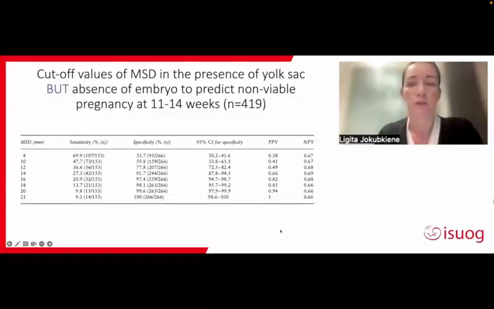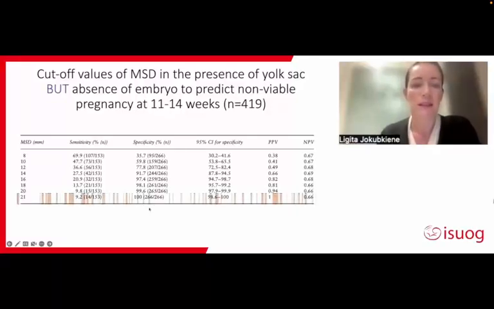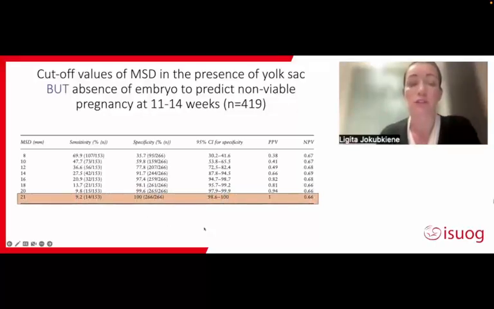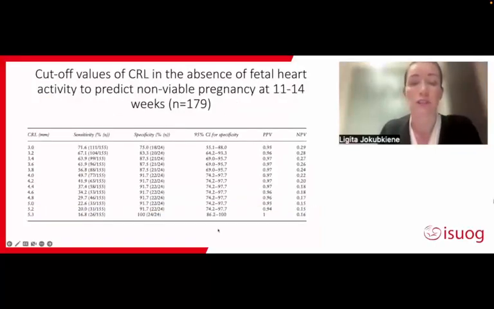And if looking at the pregnancies where there was a yolk sac but no embryo, the scan to predict viability at week 11 to 14, again we can see 100% specificity, no false positives, was reached at 21 millimeters of mean gestational sac.